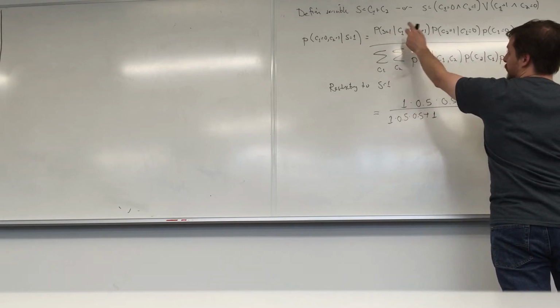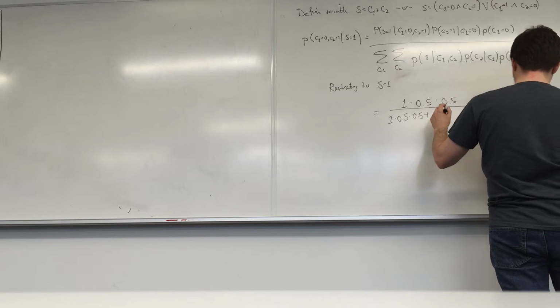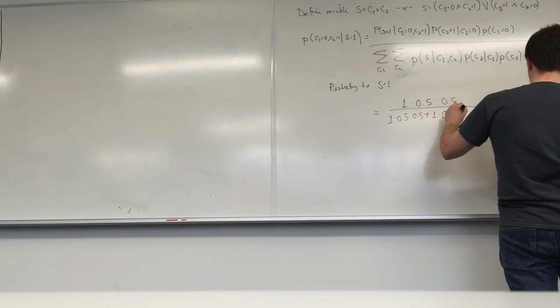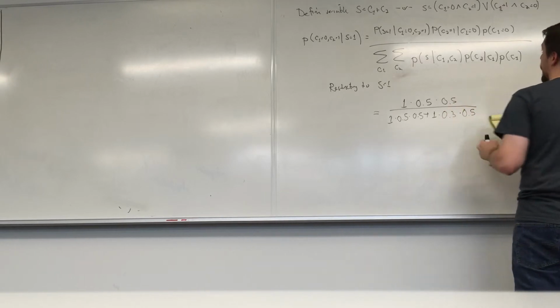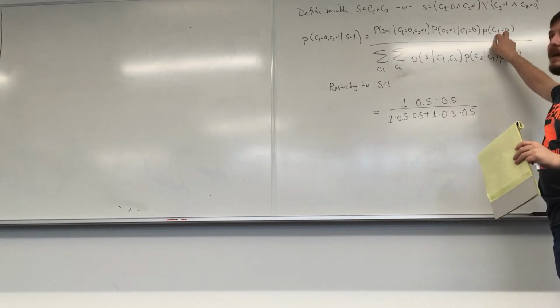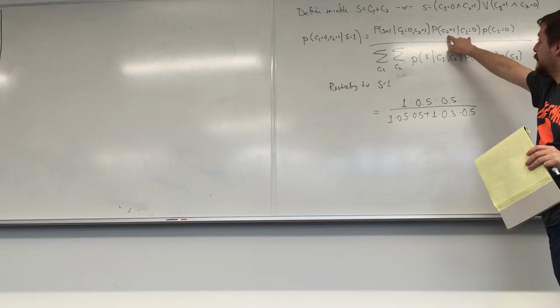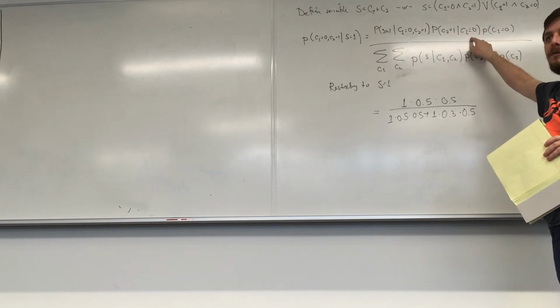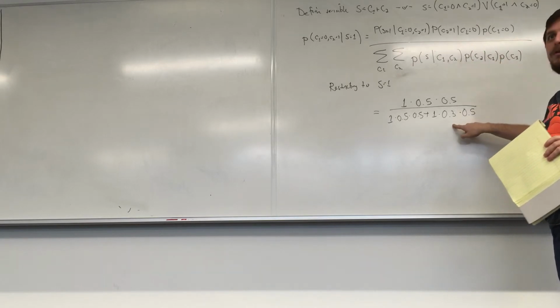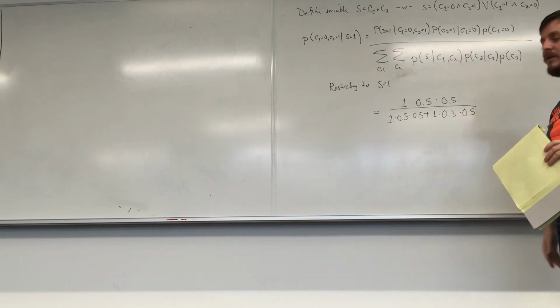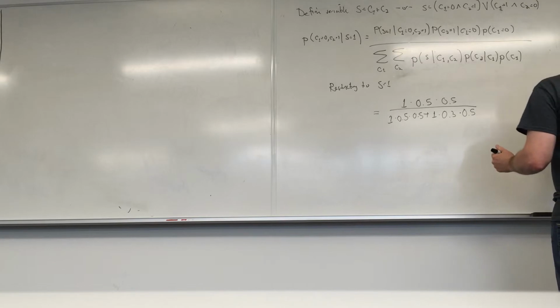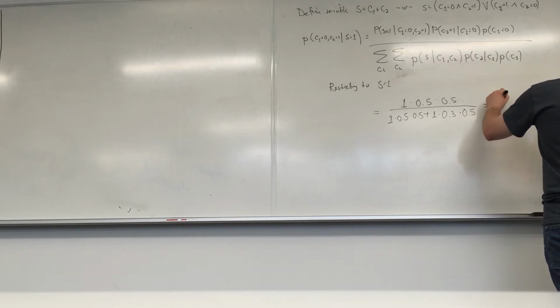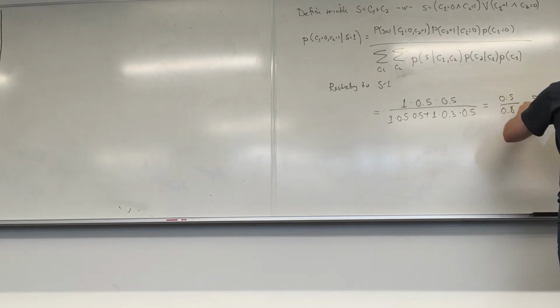If it's reversed, this is still probability 1, times 0.3 times 0.5, because this is fair, and C2 equals 0 given C1 equals 1 is 0.3, which is 1 minus 0.7. That equals 0.5 over 0.8, which equals 5/8.